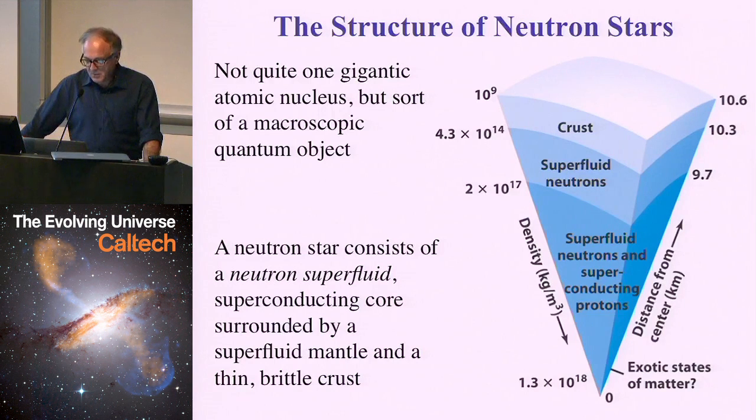Now, it's possible, I would say it's probably likely, that in the central parts of a neutron star, you have more exotic stuff. People even talk about quarkonium liquid, but that's a whole other story. And the very surface of it may be composed of ordinary matter. Largely, those will be the iron group elements.